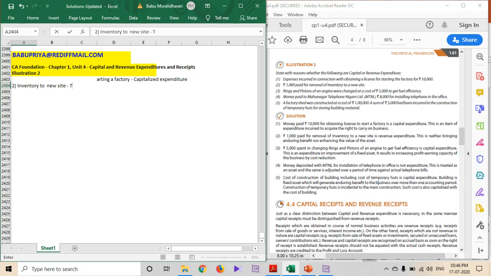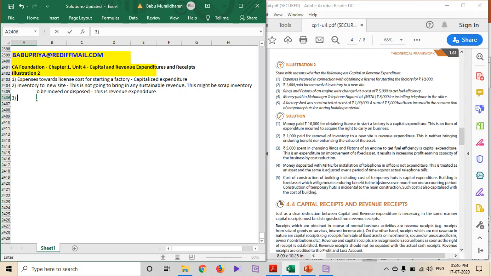This might be scrap inventory which has to be moved or disposed. So this is revenue expenditure.